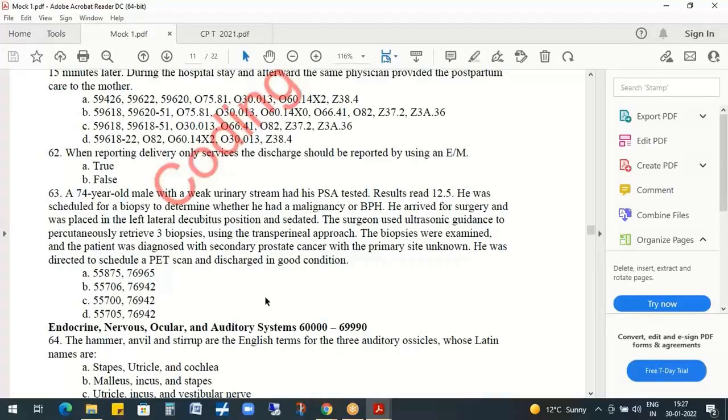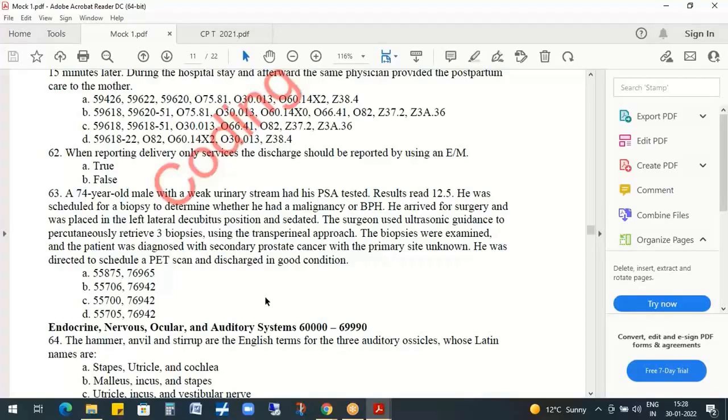Go with the code 59000. Can you see the maternity care and delivery guidelines? The third paragraph: they simply give guideline based questions.